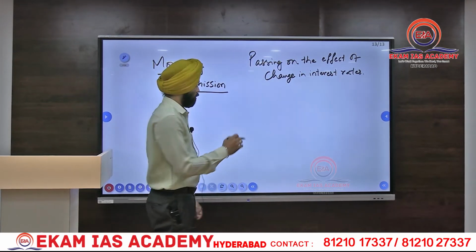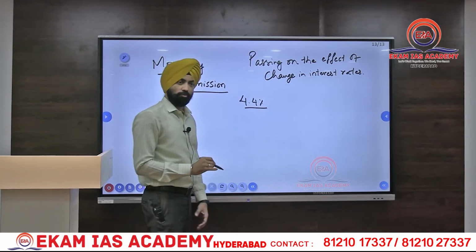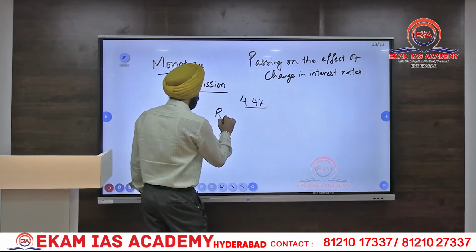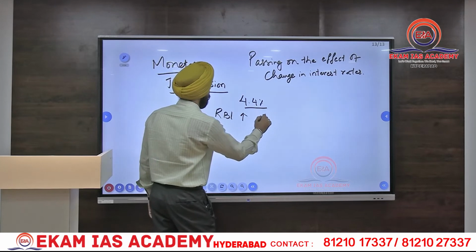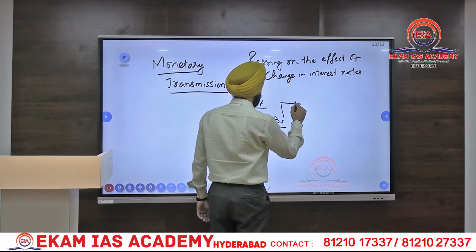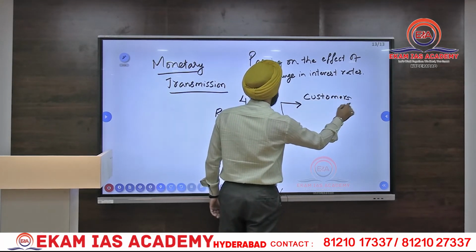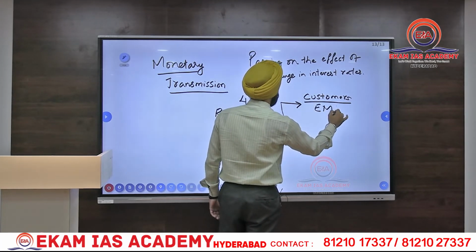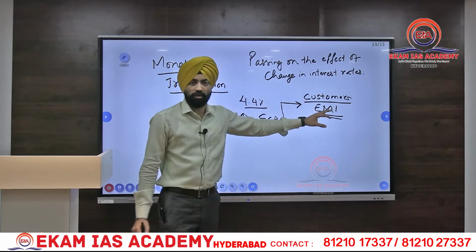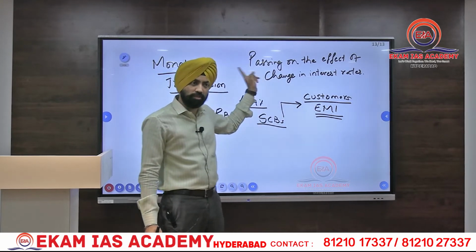Say for example, as we told now, the repo rate has been increased to 4.4%. Who increased this? RBI increased this repo rate. Scheduled commercial banks, for example, without any delay will increase the EMI of customers. Yes or no? So this transferring of interest rate fluctuation to the end customer is called monetary transmission.